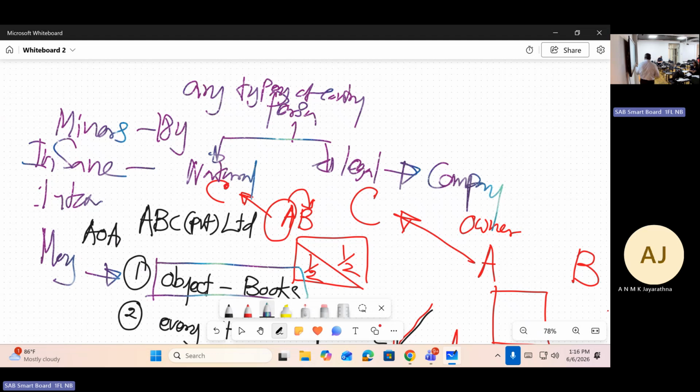If the company avoids mentioning its objects in the articles, then the capacity of this company is equal to a natural person's capacity. Then they can engage into any type of contract. Understood? If the objects are mentioned, then there's a restriction.